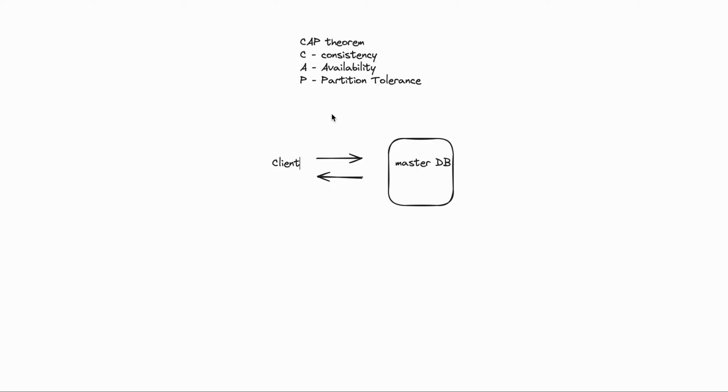Now let's consider a simple example. It is inserting the record 1, name and age. This is the details of some person. So it is inserting this record and again reading this record. If it is able to read the same data, then the system is consistent. Let's say that it's updating the name to name 2.